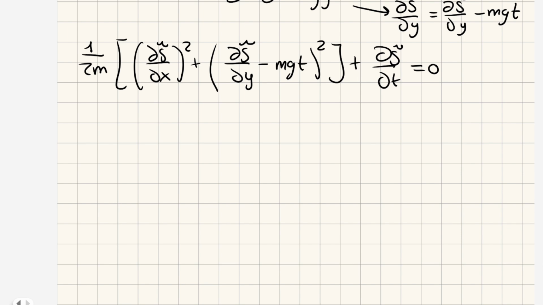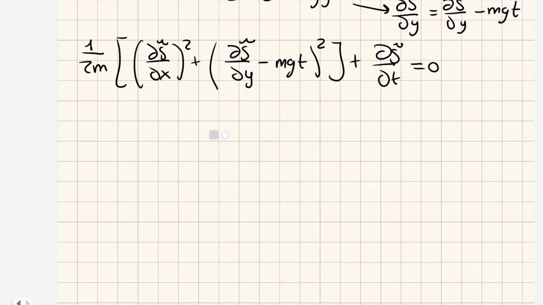And as we have been doing in recent lessons, we are going to notice that this equation does not include the elements x and y, right? We do not have x explicitly in the expression, and y is also not present. So that means that we can propose a separable solution as s tilde equals a linear function in x and y, so let's say p1x plus p2y.